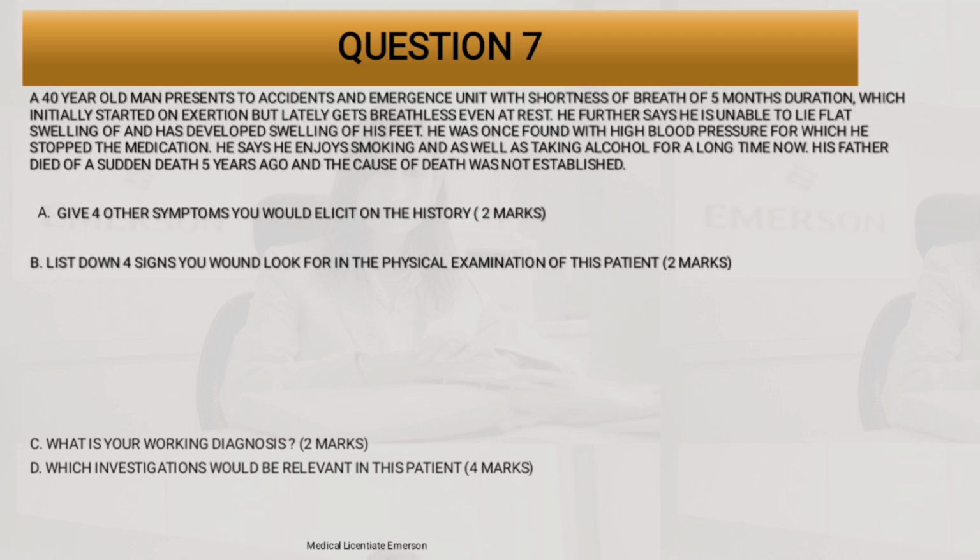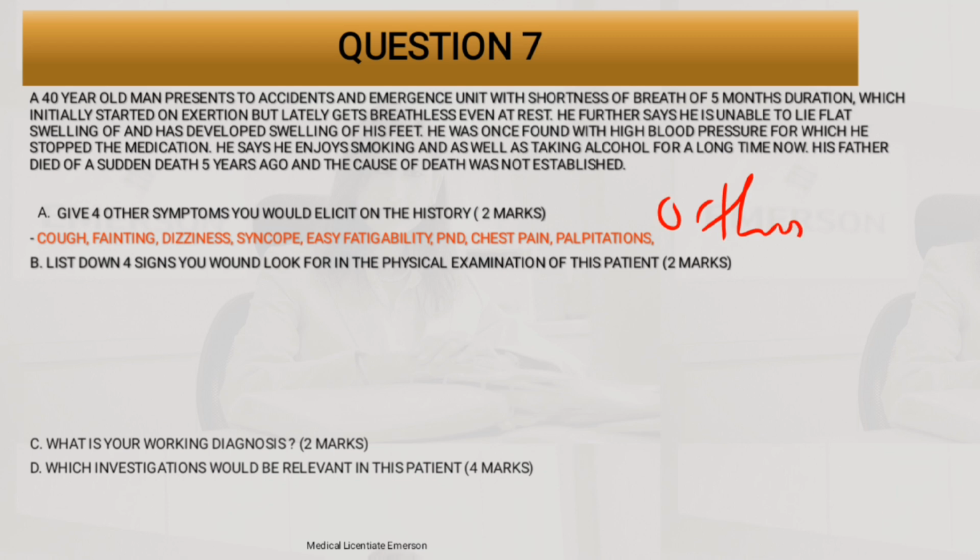So further symptoms to elicit, you can ask for any cough, fainting, dizziness, syncope, fatigability, PND, chest pains, palpitations, even orthopnea. But for orthopnea, even if you don't put it, I think it has been highlighted in the part which says he is unable to lie flat.